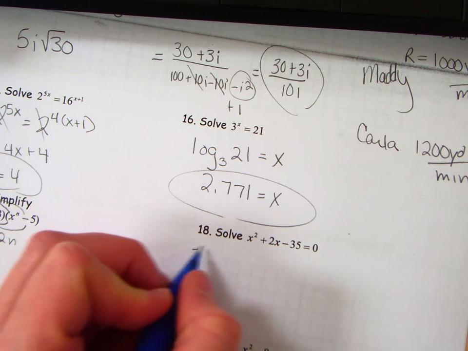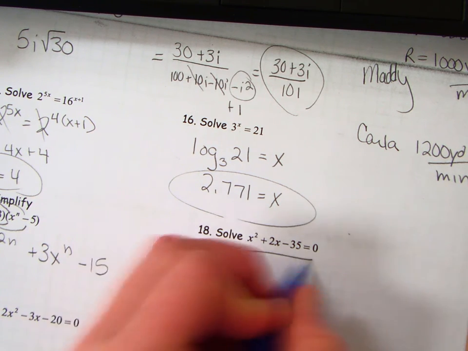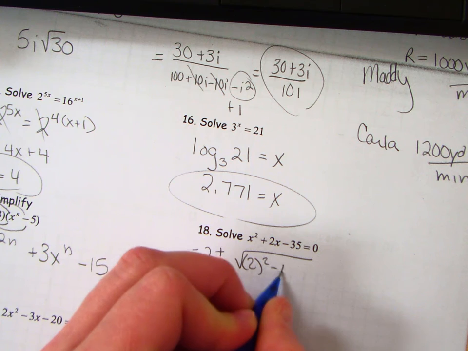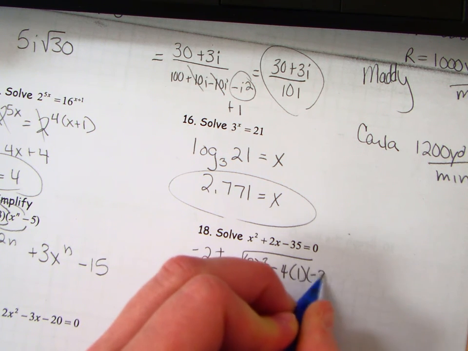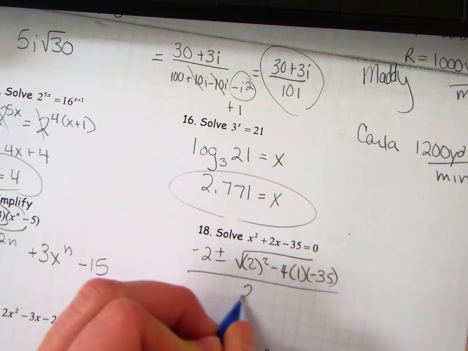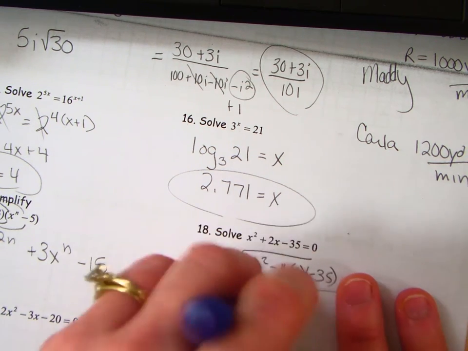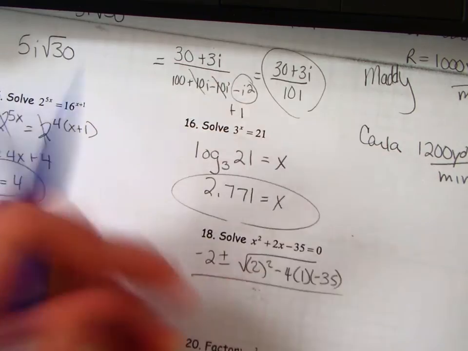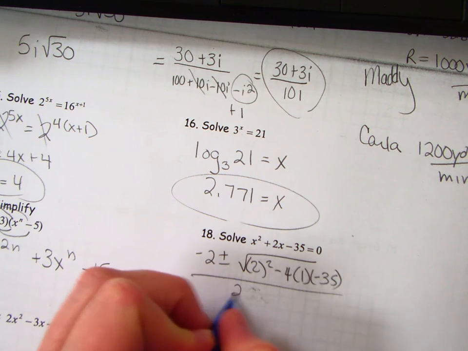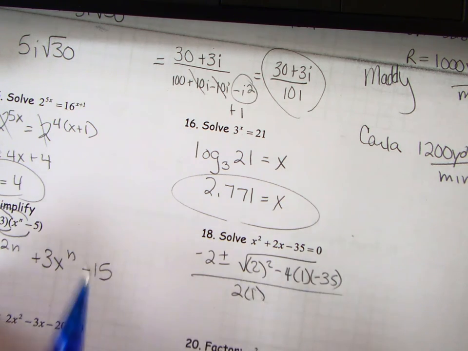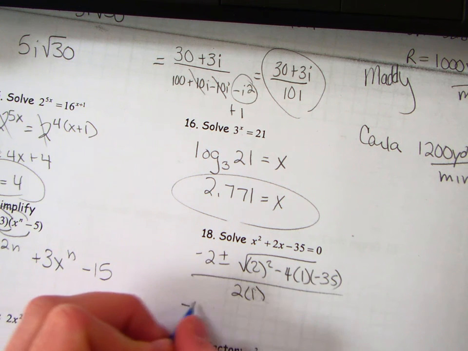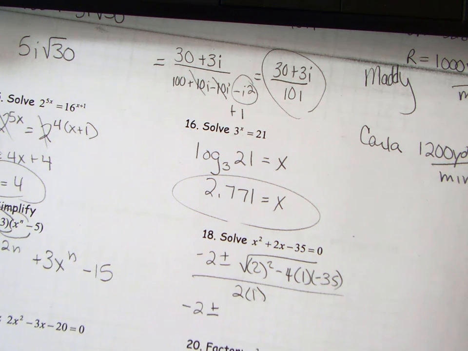Number 18. It says solve. Anytime it's x squared, it's set equal to 0. Do the quadratic formula. I think you guys are pretty good at that, so just take a look and make sure your numbers match mine. Okay, I think we're going to get a perfect square inside this square root.